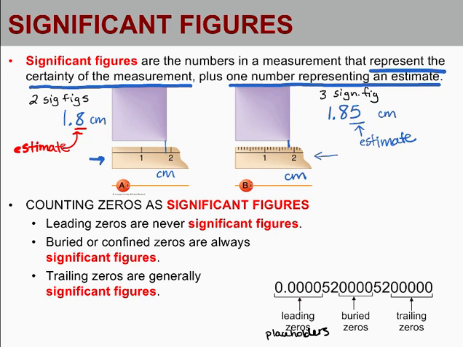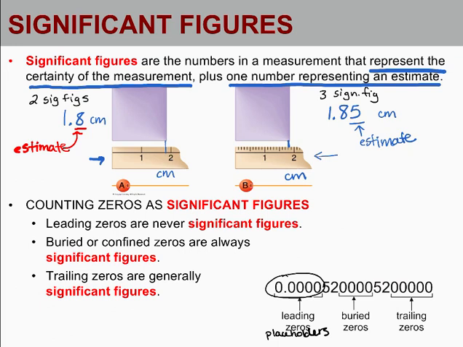So down below, we have this very, very small number, and these leading zeros at the front, they're just used to represent how small the number is. So we would probably want to write this in scientific notation instead, because that would get rid of those leading zeros and we wouldn't have to deal with them. So again, leading zeros are not significant.